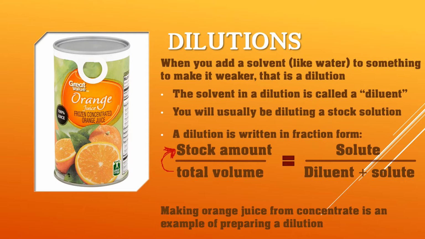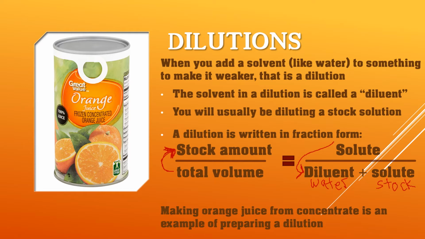So this could also be called the solute, what you're going to dilute, over the solute plus the diluent. If you have water, the diluent would be water here, and the solute would be the stock solution that you use.